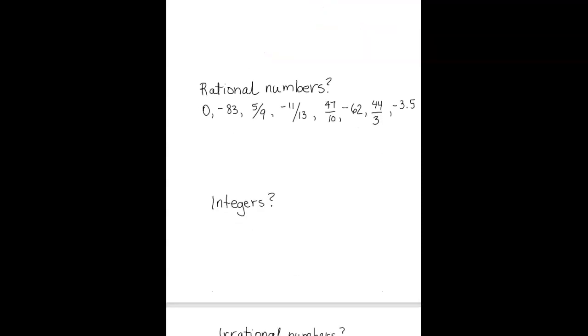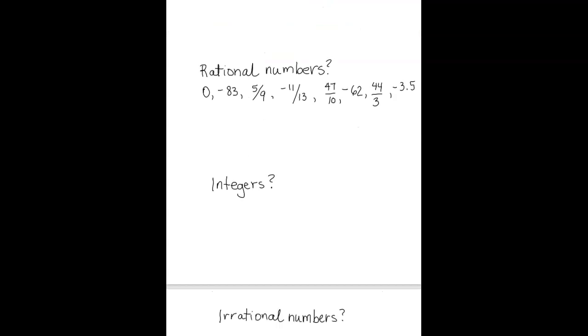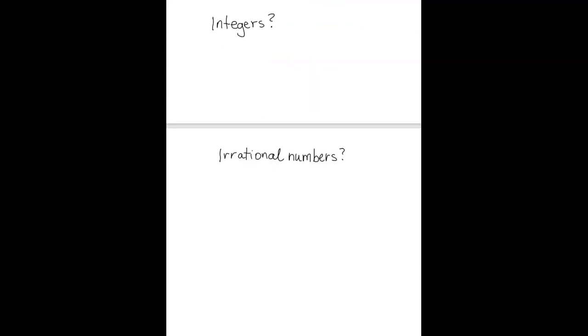All right, in this case, we're next going to look at integers and then irrational numbers. So our integers are pretty straightforward. Remember, that's anything that's a whole number or its opposites, right? So I have 0, I have my negative 83, I have negative 62, and I think that's it.